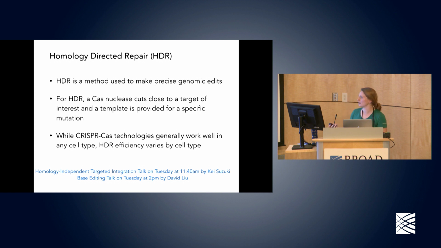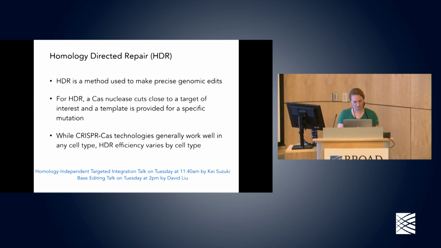HDR, again, is a method to make precise genomic edits. To do HDR, all you need to do is have a Cas nuclease cut very close to your target of interest, and then provide a template for the change that you're interested in making.